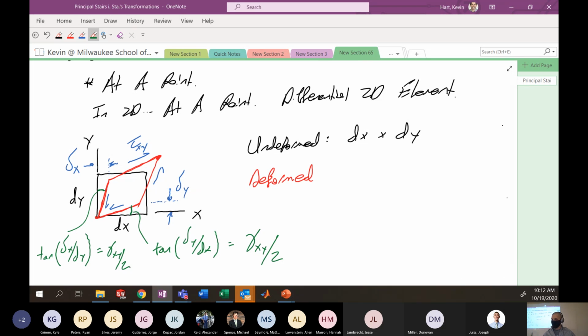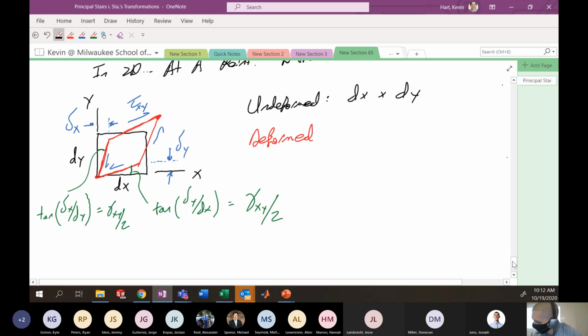All right, so this shear strain here, gamma xy, can be written in a combination of ways. But the idea here is we'll assume small angle.